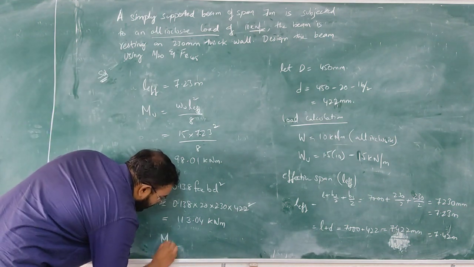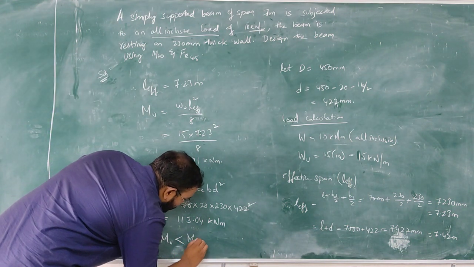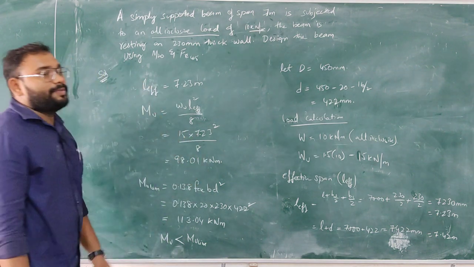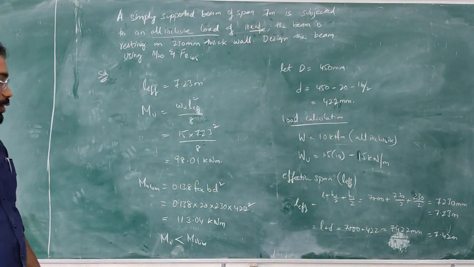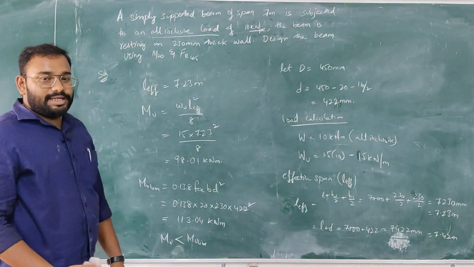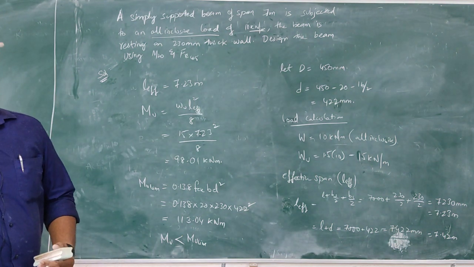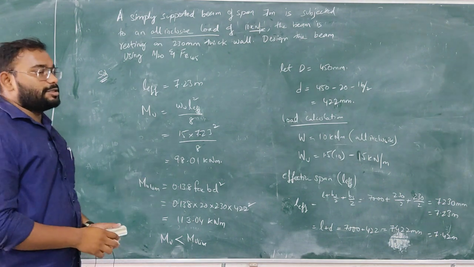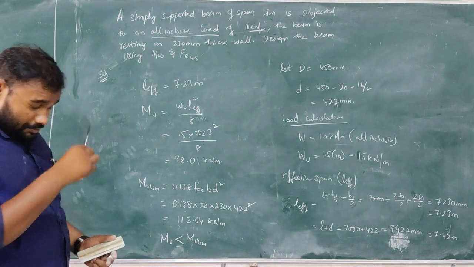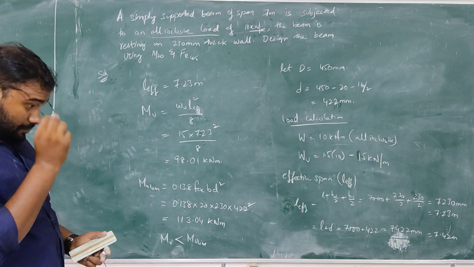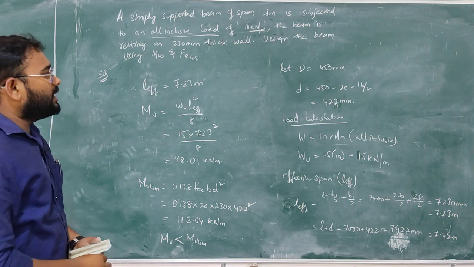So Mu is less than Mu lim. The limiting moment is more and the applied moment is less. Tell me which type of section this is? Singly reinforced beam. Okay, singly reinforced beam.